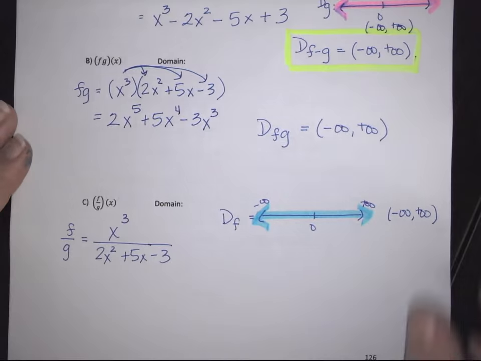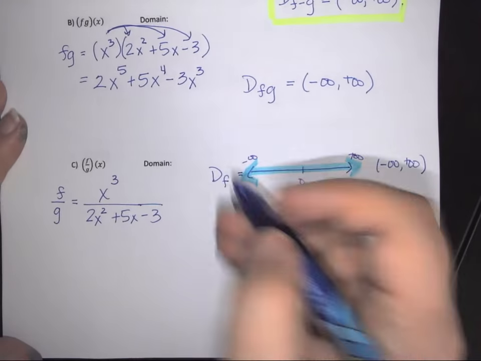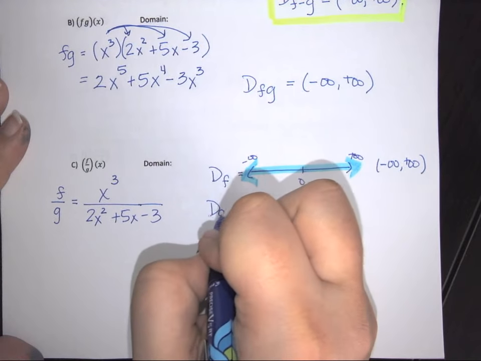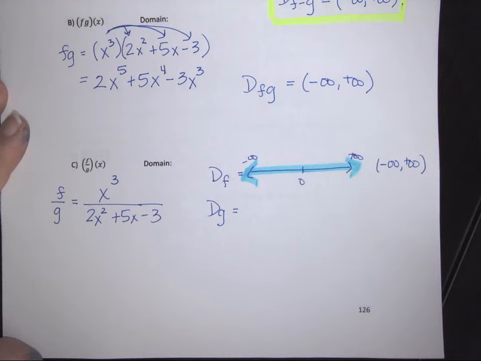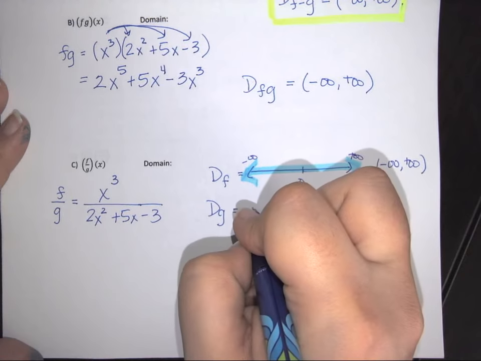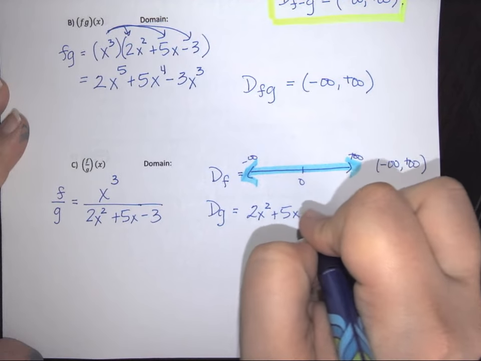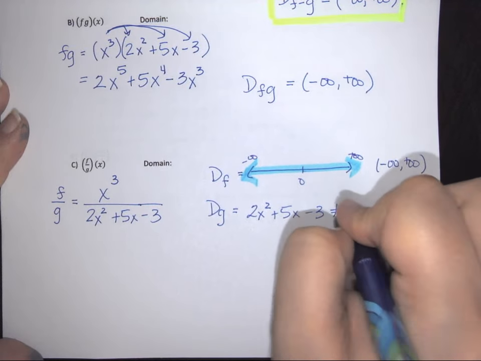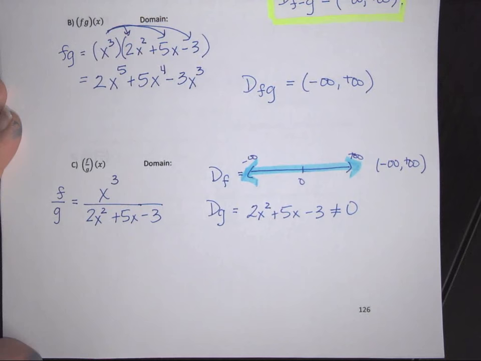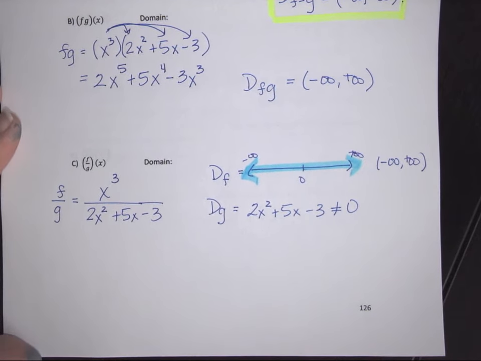Where things have become different is the fact that my domain for g now is where 2x squared plus 5x minus 3 cannot be 0. So notice in this instance, I now have to solve for x.